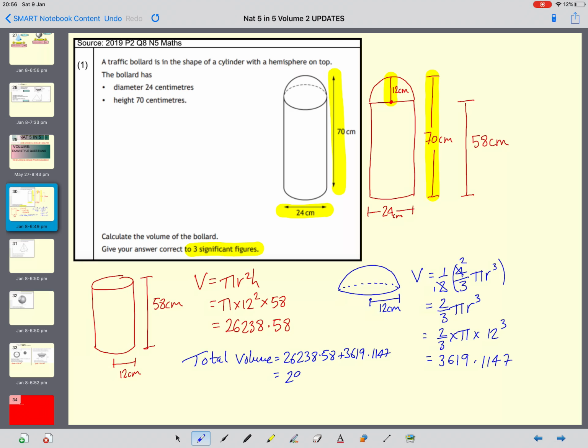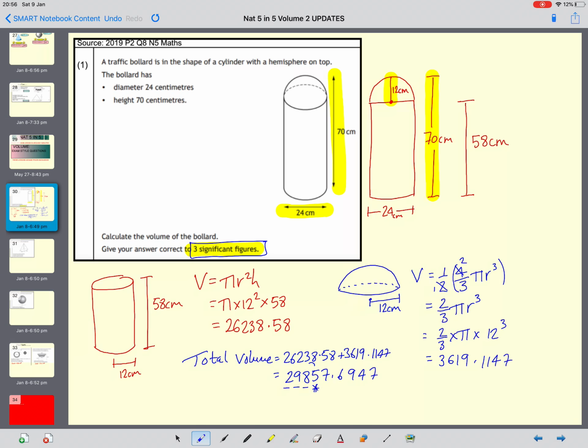Sorry, it's a bit messy. The total volume is 29,857.6947. And again, remember, you want accuracy of 3 significant figures.